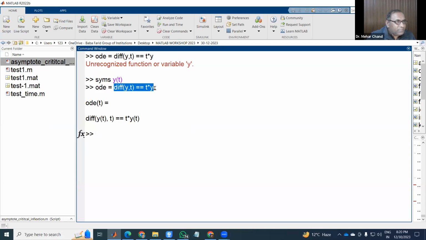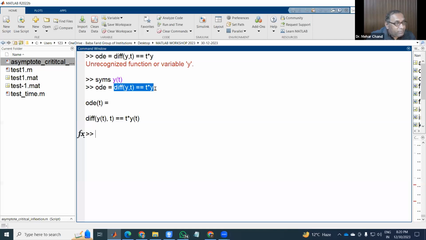this is the differential equation, and this equation itself has been stored in the assignment variable. Equal is the assignment symbol, this is the assignment variable, and this is the differential equation.